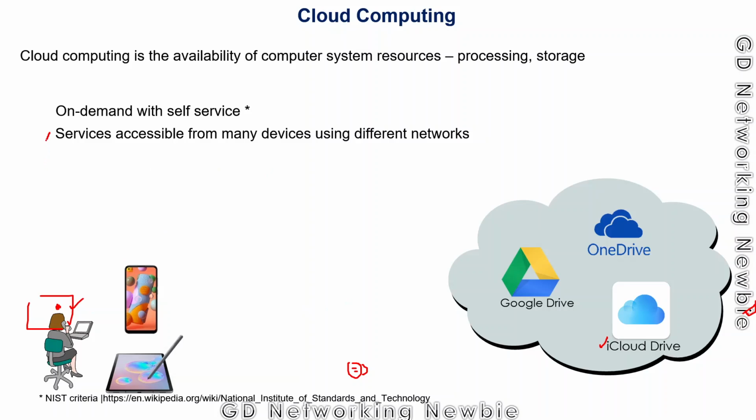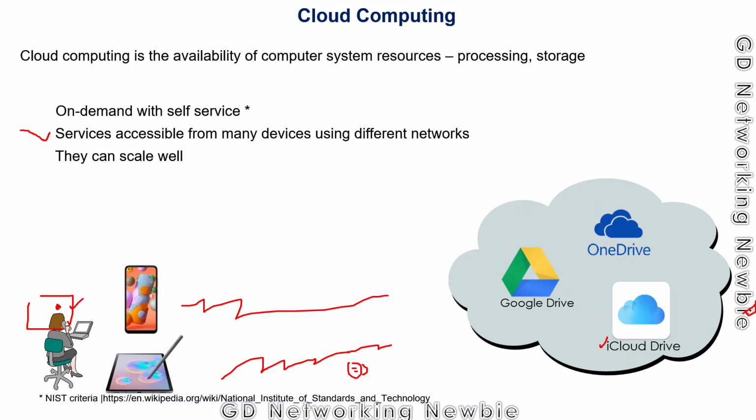The second criterion is that these services should be accessible from many devices using different networks. For example, many devices can use many different networks, like maybe 5G or other internet services. And then they can scale well.